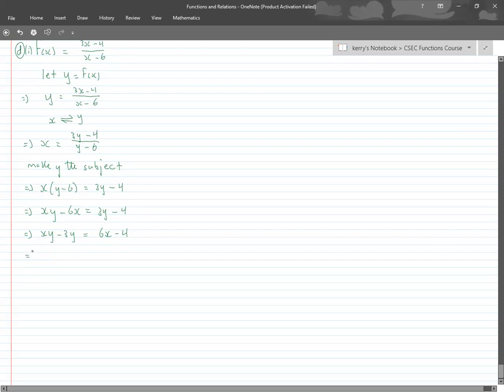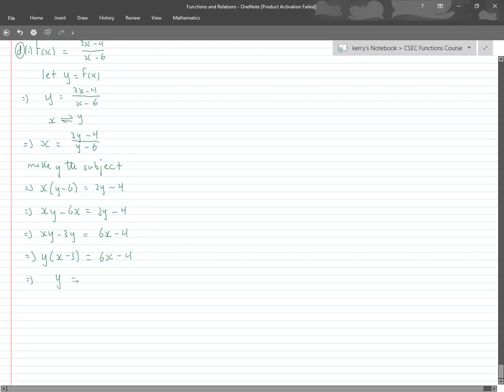Now, through factorization, which you're supposed to know from our quadratic series, we could factor out y. And when you take out y from both of them, xy divided by y is x, 3y divided by y is 3, or minus 3, is equal to 6x minus 4. And now to get y by itself, this is y multiplied by this bracket, so we have to divide both sides by this entire term here.